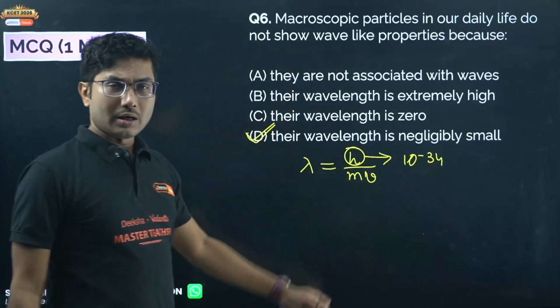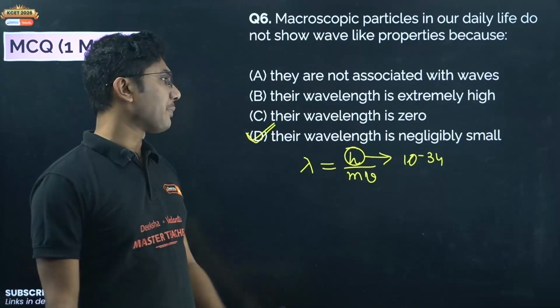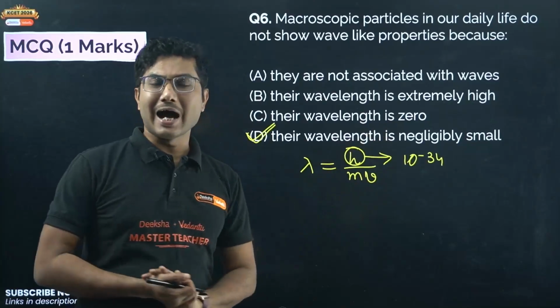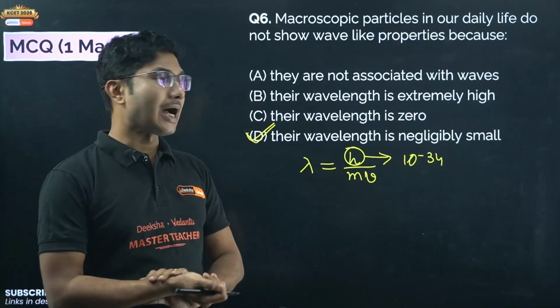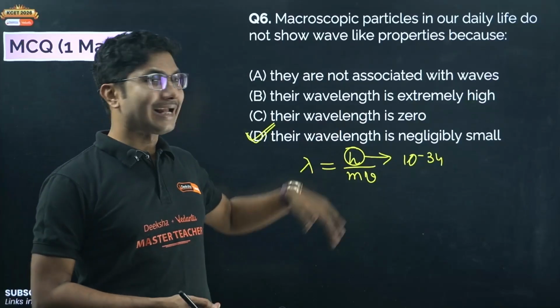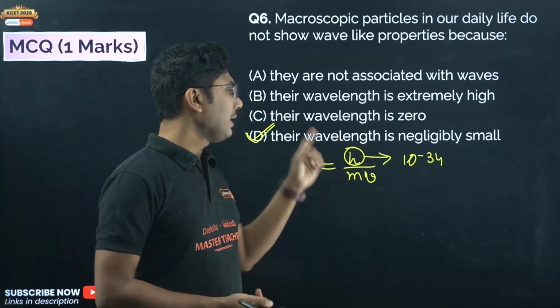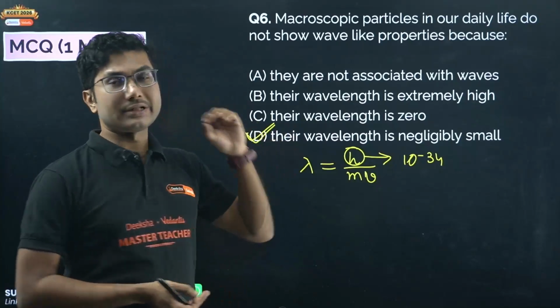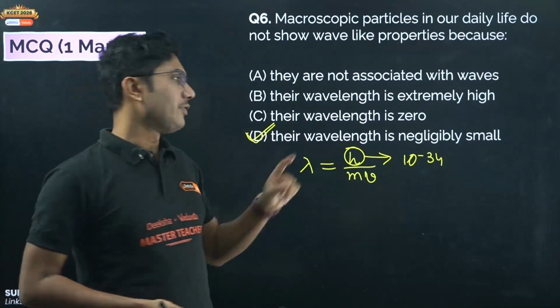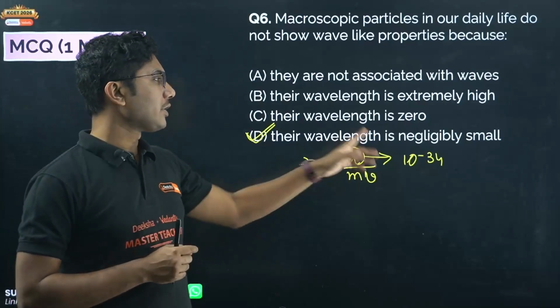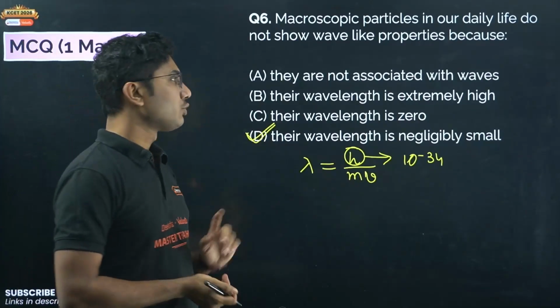That is Planck's constant. So no matter what you do, you cannot have a very high wavelength. A high wavelength is possible only when the mass is very, very small, so that they can cancel. And the wavelength is not 0, by the way. Even though it's small, it has a physical value. So that's why you have to write negligibly small.